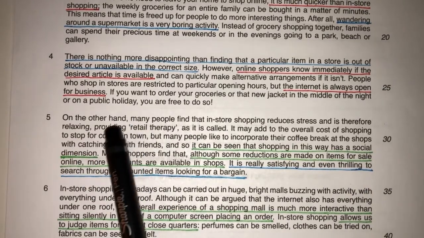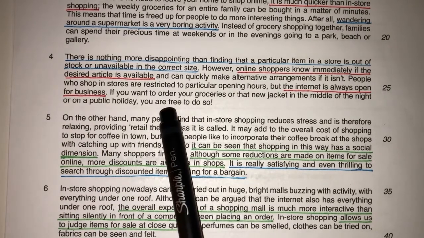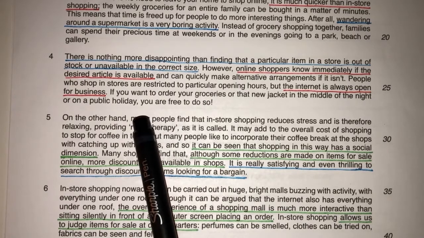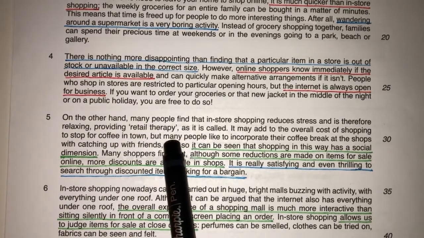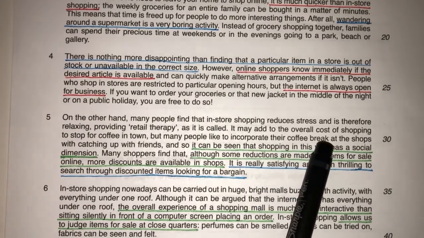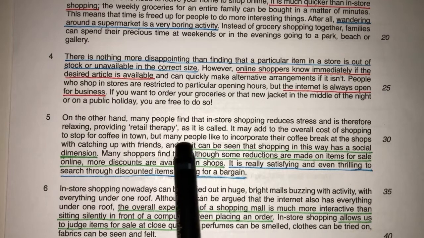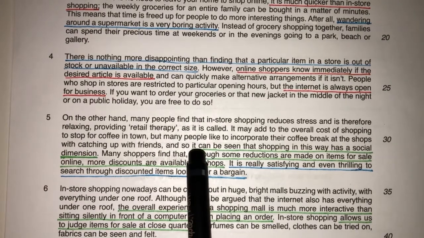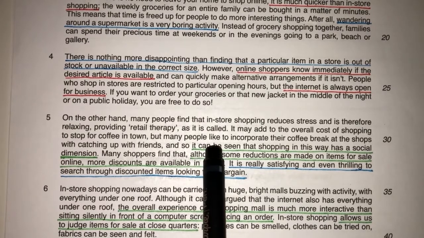Okay, so here at the beginning of paragraph 5, I'm also noticing something that I did not underline. But let's start with what I actually did underline. Here we read that many people like to incorporate their coffee break at the shops by speaking to friends, bonding with friends or family, you catch up or you discuss something that's important.